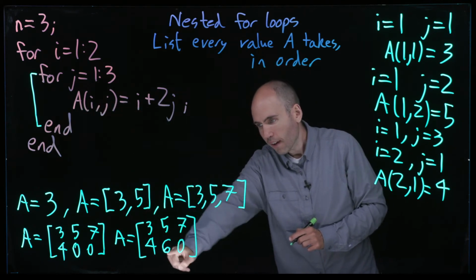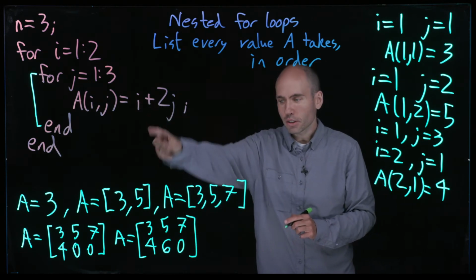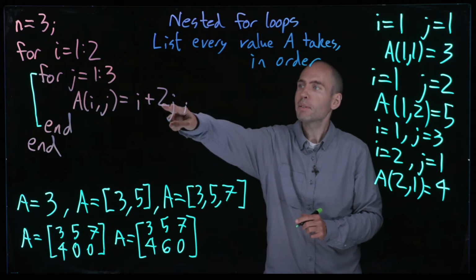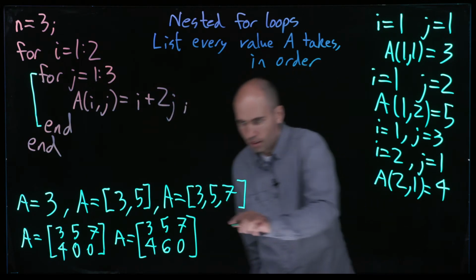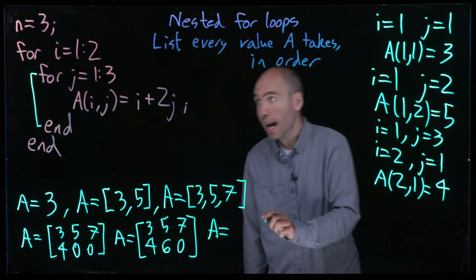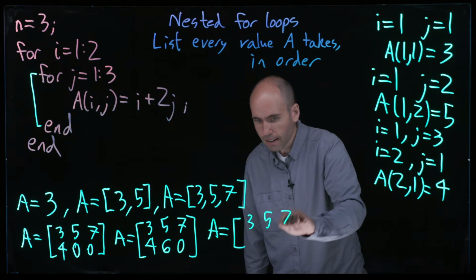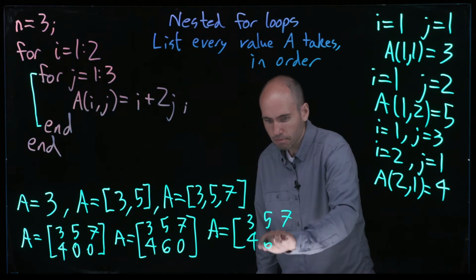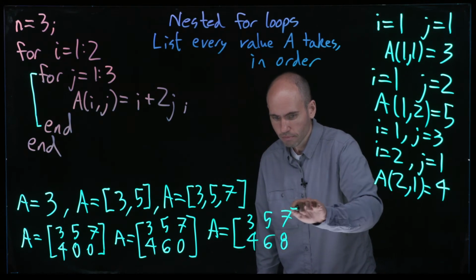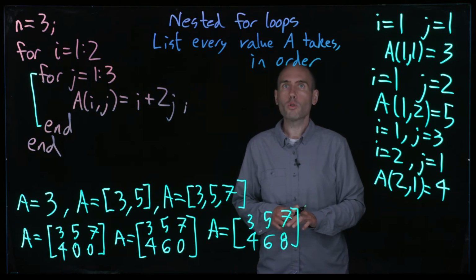That's why this 5 became a 6, because i equals 1 became i equals 2, but j stayed the same. j was 2. And then what's the last value going to be for i equals 2, j equals 3? We have 3, 5, 7, 4, 6, 8.